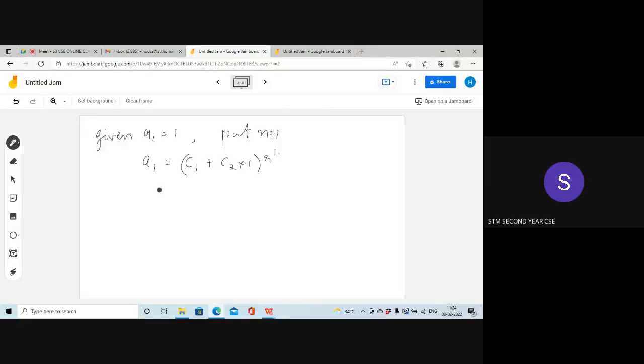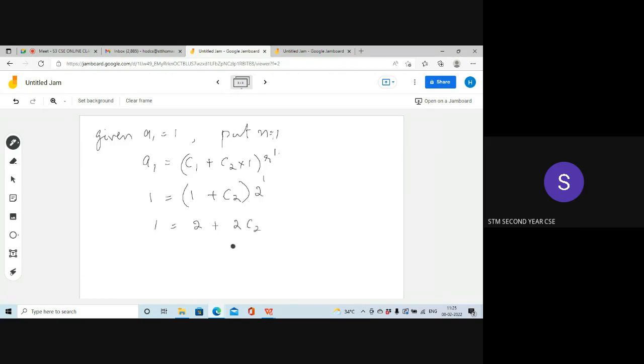A1 is equal to 1. Given in the question, A1 is equal to 1, and we had found out the value of C1 also, equal to 2 raised to 1. Isn't it? So what is the answer? So 1 is equal to 2 plus 2C2. Isn't it?